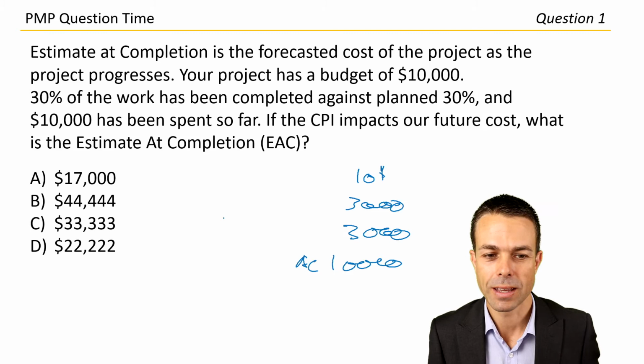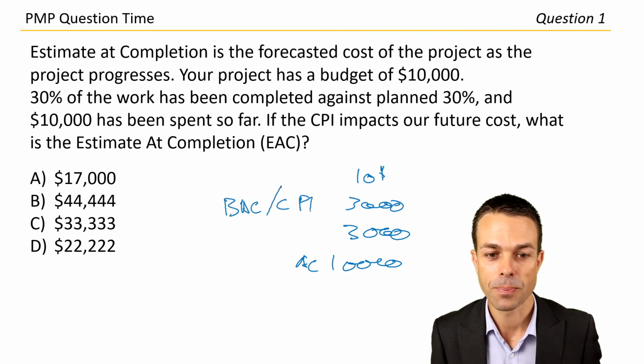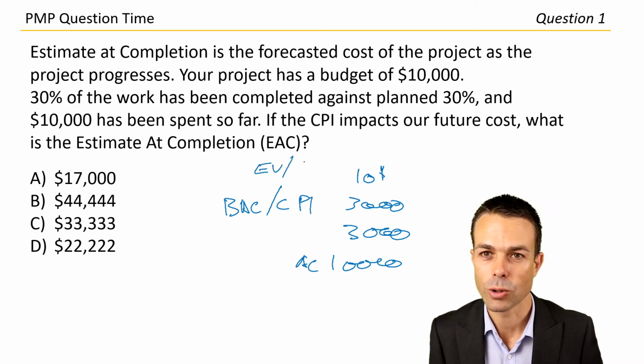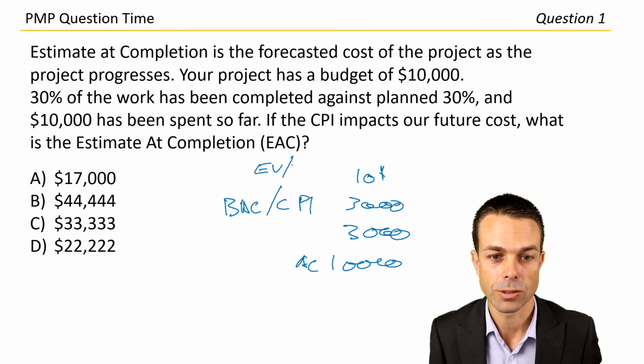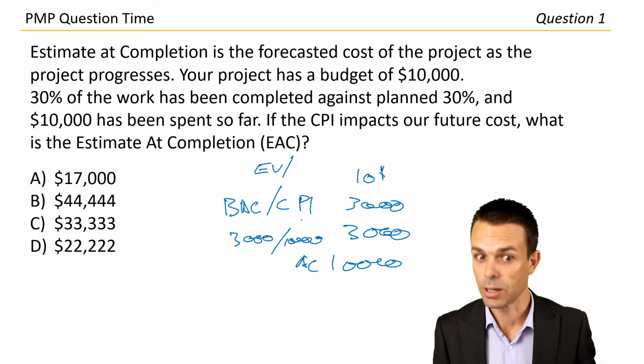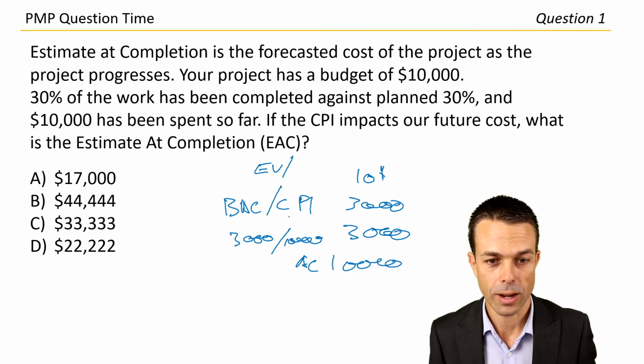It was the budget at completion divided by the CPI. And the CPI is earned value divided by actual cost. So cost performance index, actual cost, $10,000. So 3,000 divided by 10,000 is, I could do it the other way quite easily.